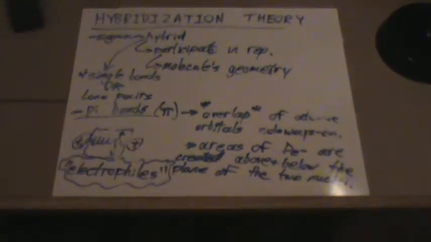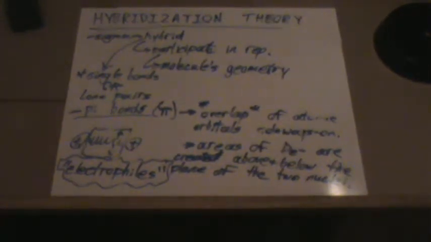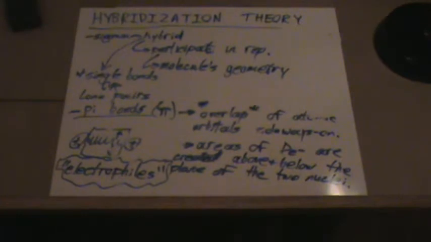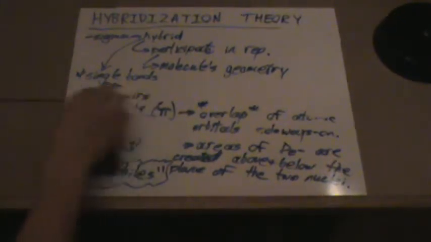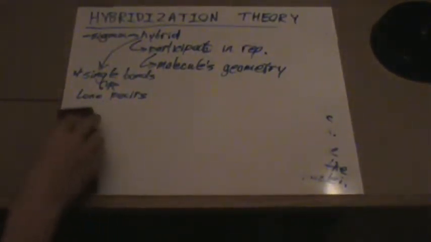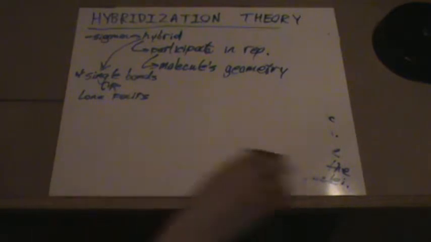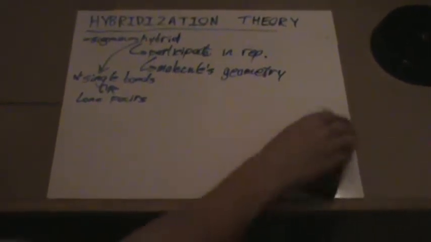And so this really comes in handy, because when we are doing the hybridization of different things, and now I will erase this, the molecular geometry is determined by the hybridization, the number of orbitals.